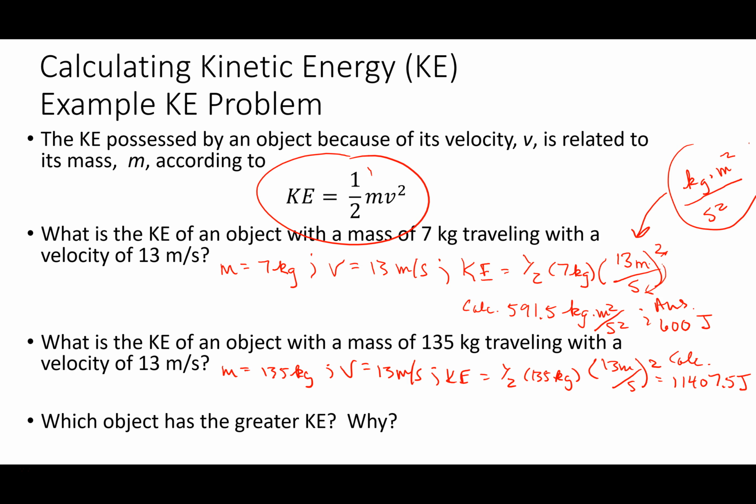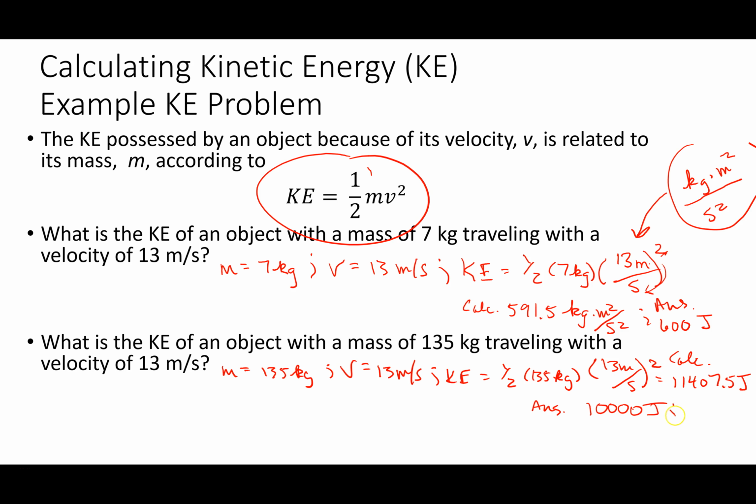Just one digit, so it'd be 10,000. Does that look right? I think so. How would we write that number in scientific notation? This will be on the test too. Yep, 1 times 10 raised to the 4th power. Yep, units are joules. Perfect.